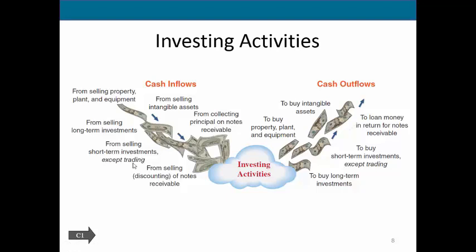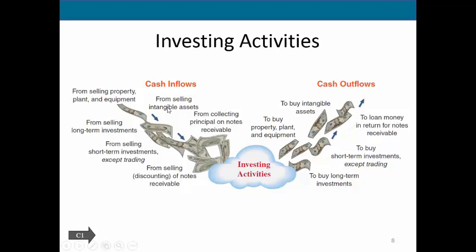But notice we say except trading securities. So trading securities, again, remember those are so short-term. Those are going to be lumped in with our operating activities. If we sell or discount notes receivable, so notes receivable are going to be part of our investing. But remember, again, any interest related is part of operating activities.